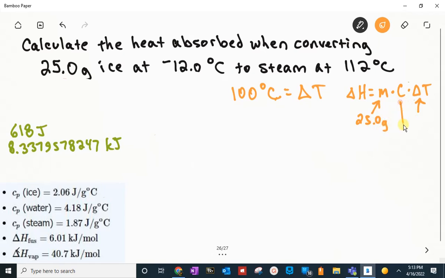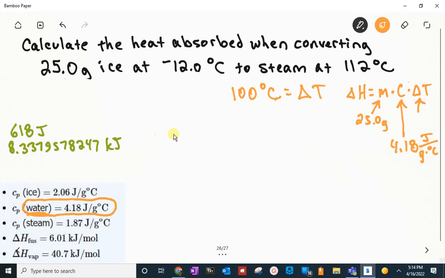And then for the specific heat number, we're going to look down here. The specific heat of H2O in the water phase is 4.18 joules per gram Celsius.